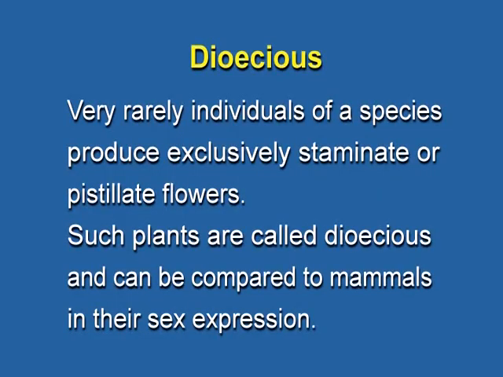Now let us see what is dioecious. Very rarely, individuals of a species produce exclusively staminate or pistillate flowers. Such plants are known as dioecious and can be compared to mammals in their sex expression.